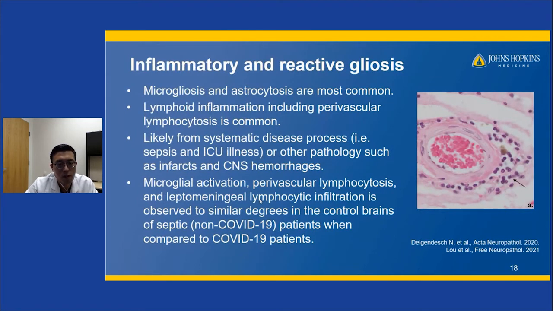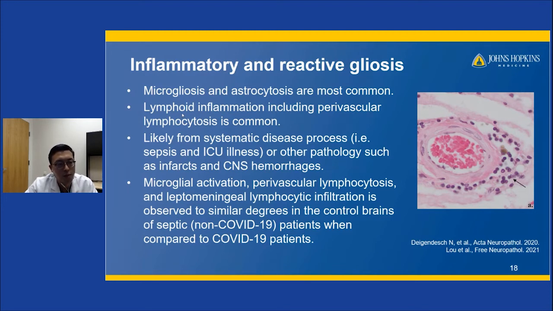Different types of pathological findings I want to present. Inflammatory and reactive gliosis. We already talked about this in the schematic here. You can see perivascular lymphoid inflammation. As I mentioned before in the systematic review and other pathological studies, microgliosis and astrocytosis are the two most common findings.